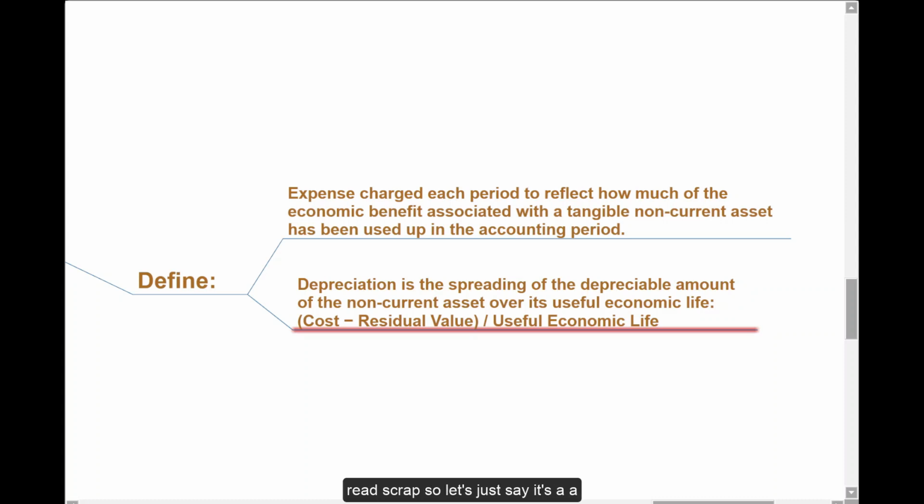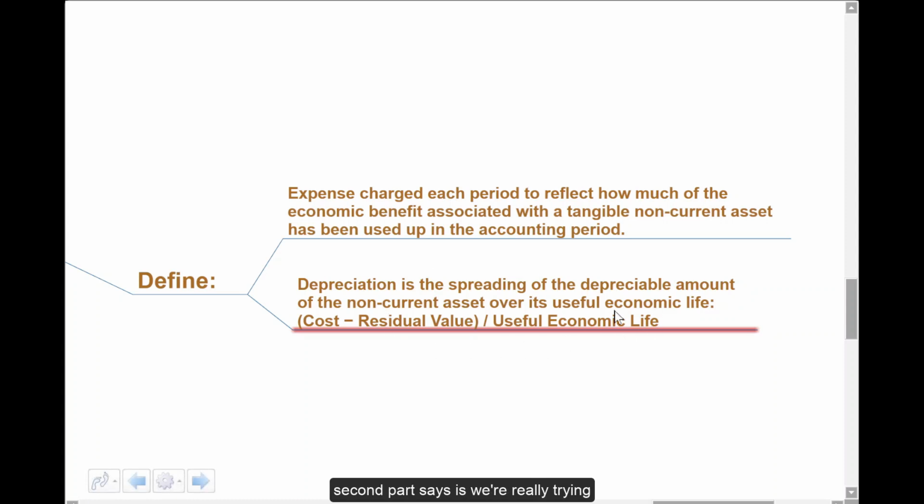So let's just say it's a car, quite an expensive car at $100,000, but nonetheless, let's say that the car on a residual value or scrap value basis was worth $5,000 at the end of 10 years. If we divide the depreciable amount by the useful economic life, the 10, then in effect we're going to get the value of depreciation on a straight line basis. I'll explain what that means in a moment.